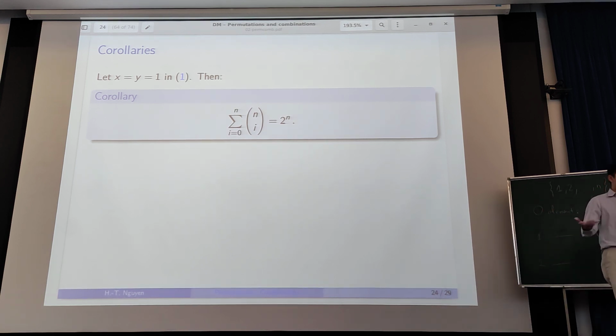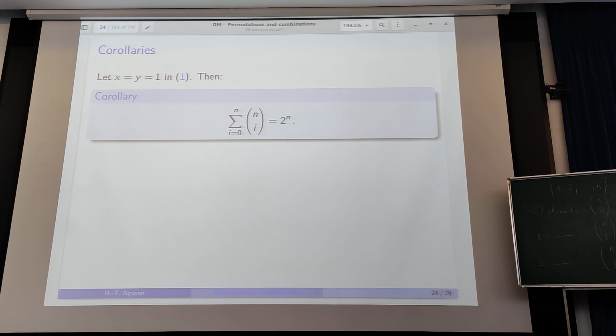So if we consider the subsets by size, then the left-hand side is exactly equal to the total number of subsets of size 0 plus subsets of size 1 plus subsets of size 2, and so on.